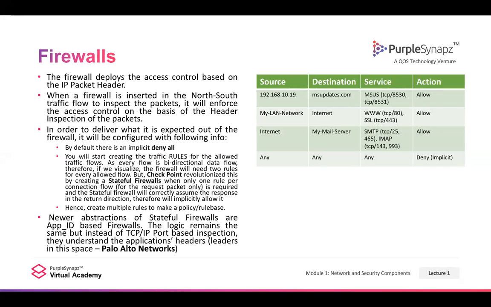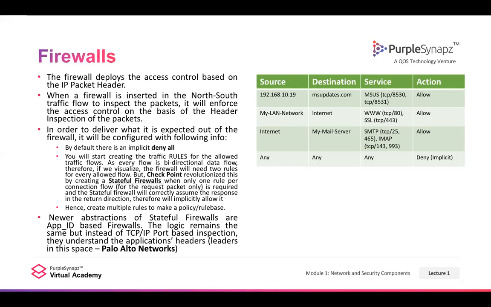Now another important thing. This is a stateful firewall, which was introduced to the market by Checkpoint Software Technologies, with whom we have been a 4-star partner in the country for almost 4 years, and we have been partners with them for the last 7 years as a company. A couple of us are ex-Checkpoint folks also, like me and Ashok.